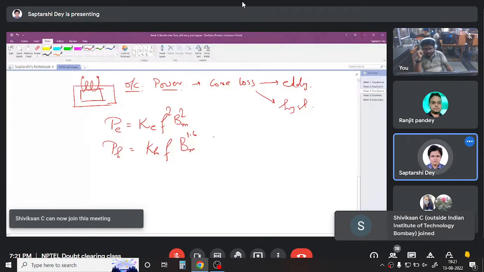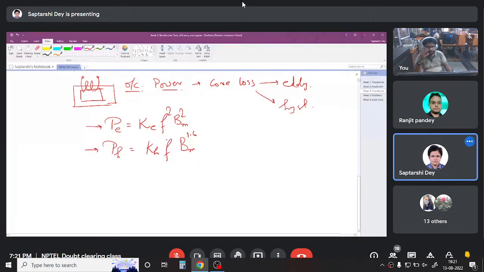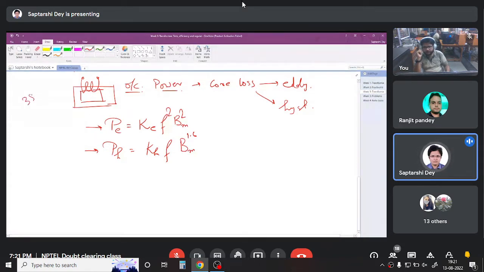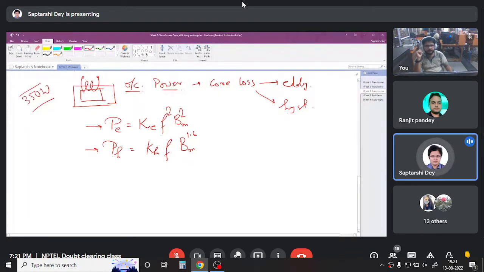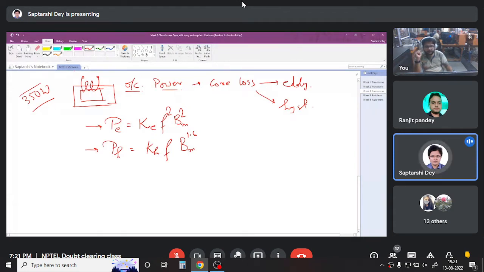Now you have these expressions. The question is, when you are getting the values in this way, like say you did an open circuit test, and you got say 350 watt from the wattmeter reading. Now the wattmeter will not tell you that this much is the eddy current, this much is the hysteresis. The question is how to segregate them. The wattmeter will simply give you core loss.